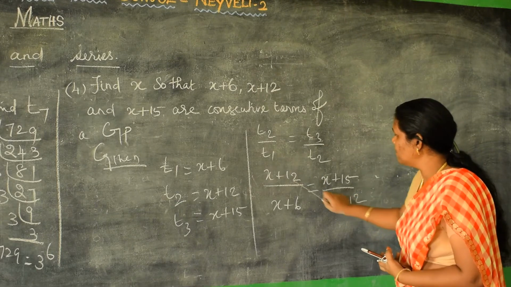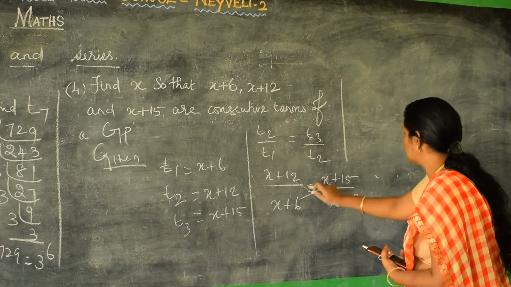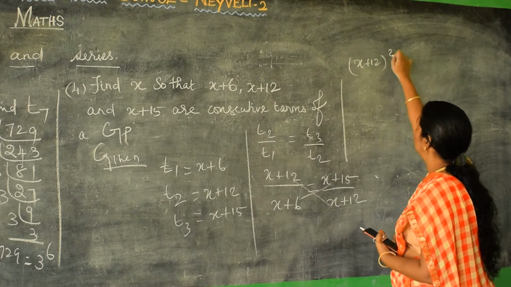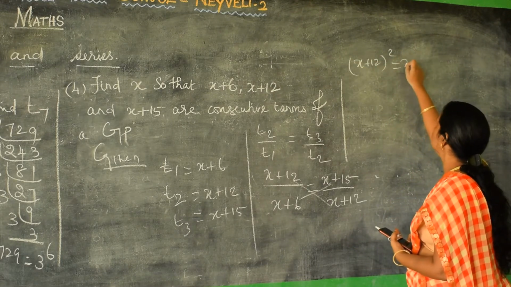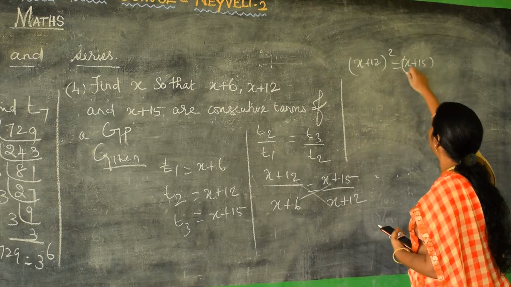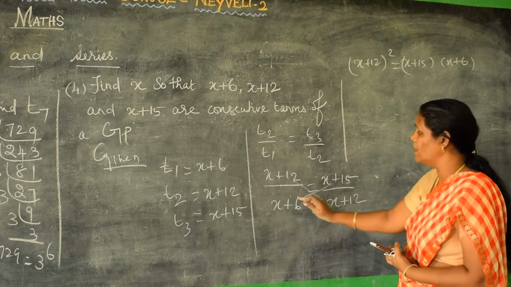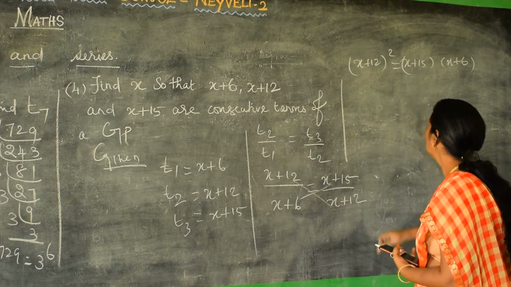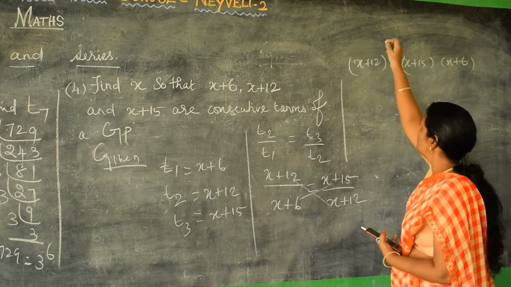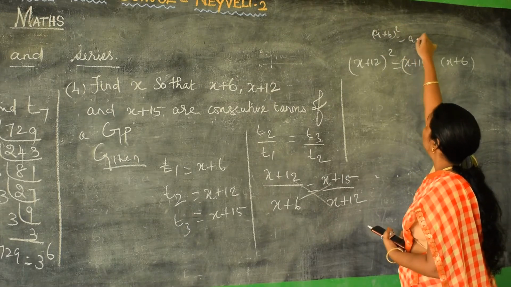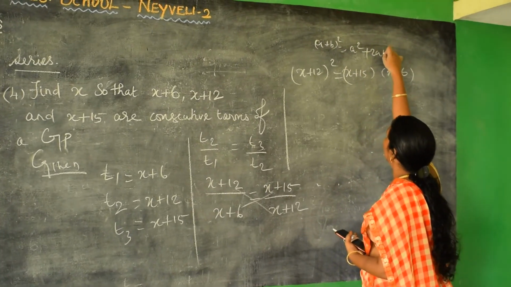Now you cross multiply both. You get x plus 12 into x plus 12, x plus 12 the whole square, that is equal to x plus 15 into x plus 6. Do you understand children? Here I am just cross multiplying both. It is in the form of a plus b the whole square, isn't it? a plus b the whole square is a square plus 2ab plus b square.